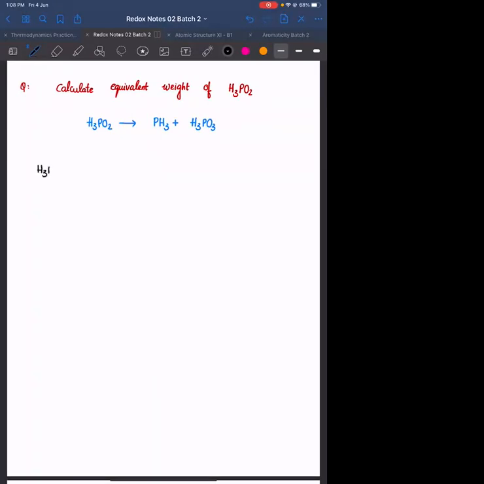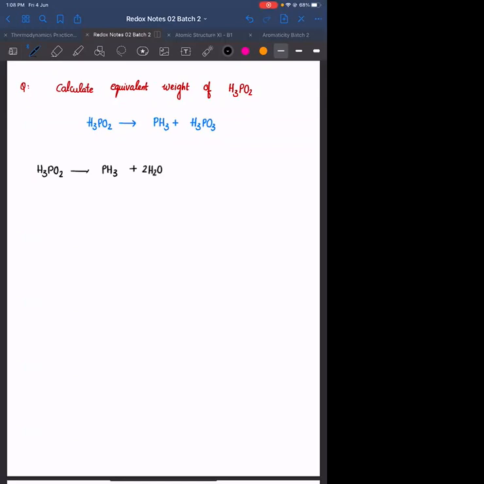What you can write is H3PO2 converting into PH3. First you need to balance all the atoms. Phosphorus balanced है, hydrogen भी balanced है. इस साइड आपको you need to add 2H2O.